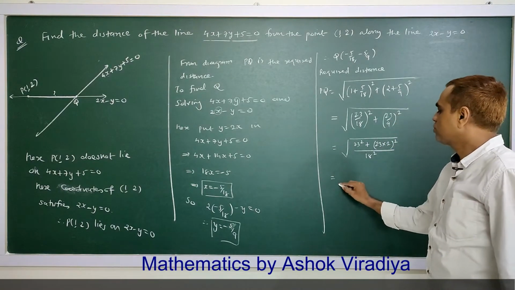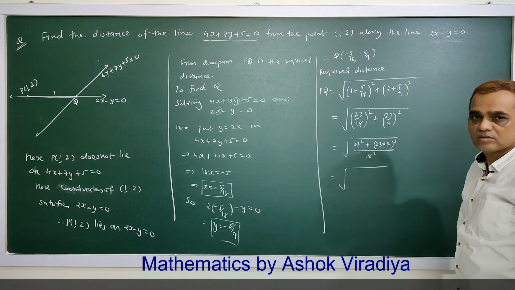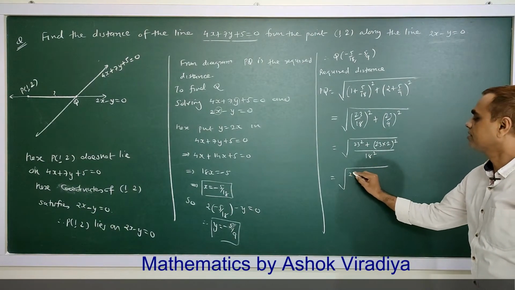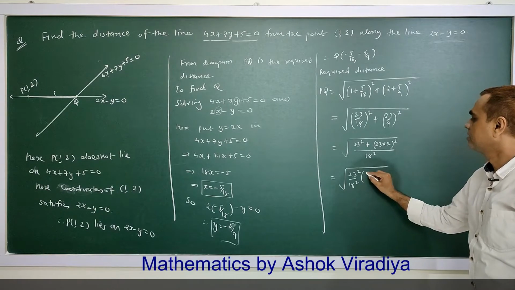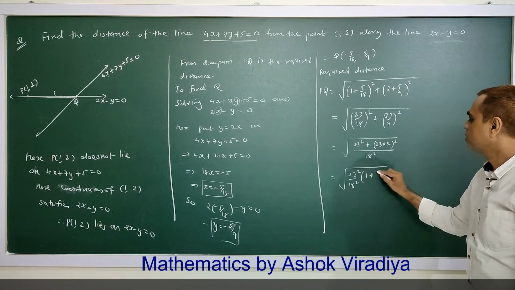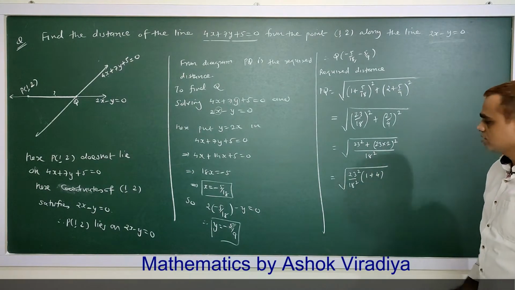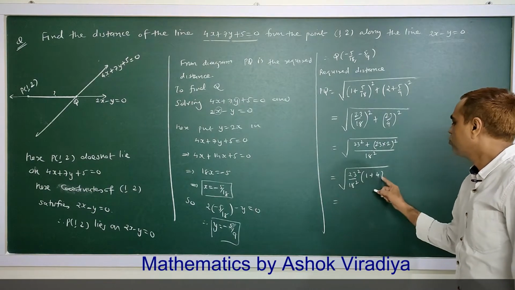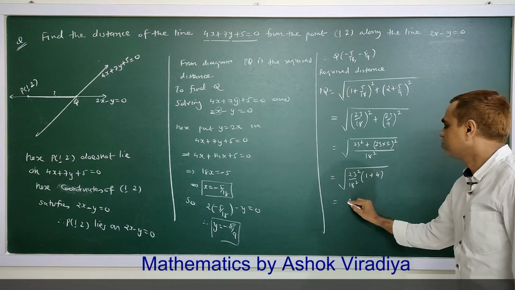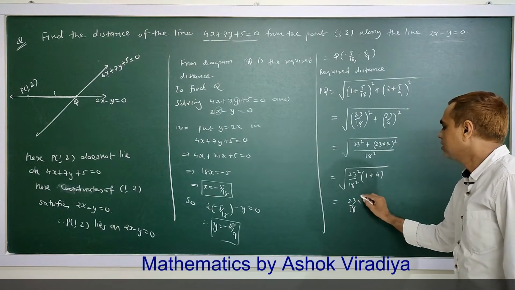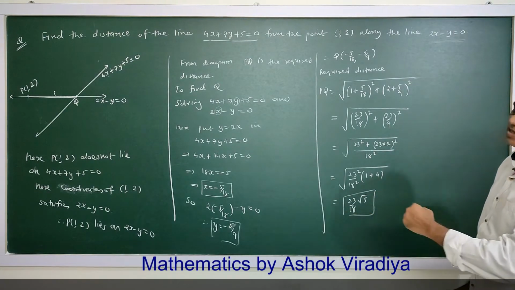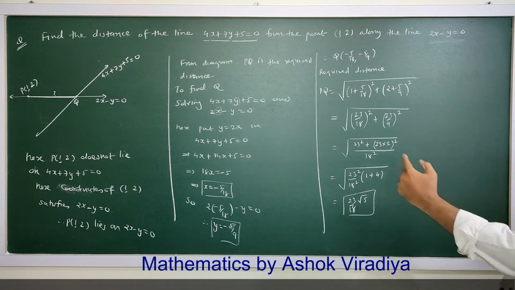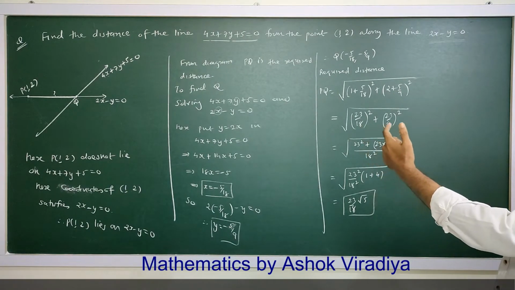So now square root of, 23 square is common, upon 18 square into bracket 1 plus 2 square, which is 4. So this is 4 plus 1, 5. This is 23 by 18 root 5. So this is the required distance. It is distance along 2x minus y equal to 0.